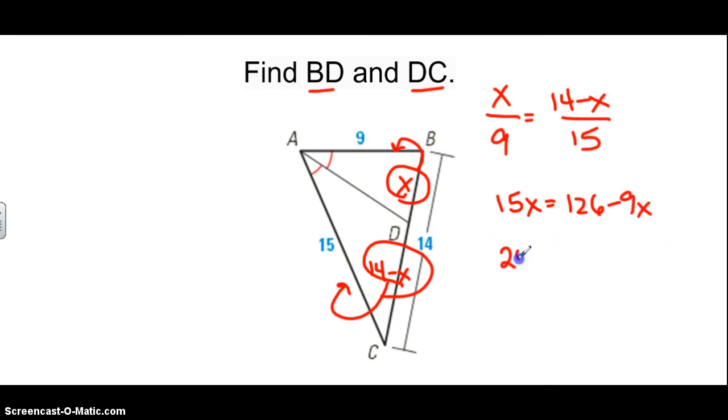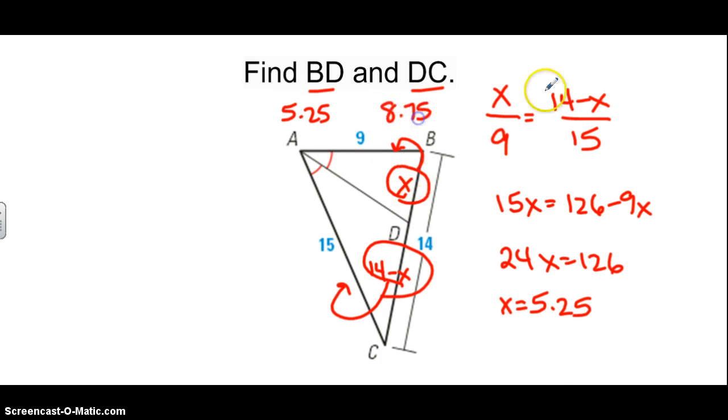Add over, so we get 24x equals 126. Lovely. We get a decimal, which is 5.25. So that means that BD is 5.25, and if we do 14 minus 5.25, we get 8.75 for DC.